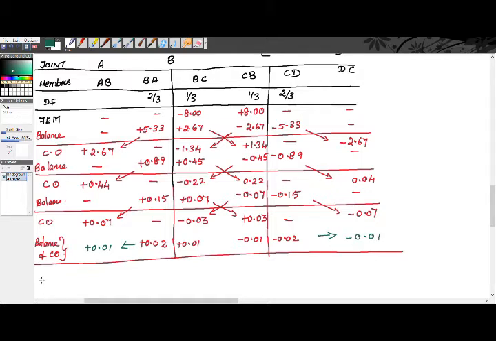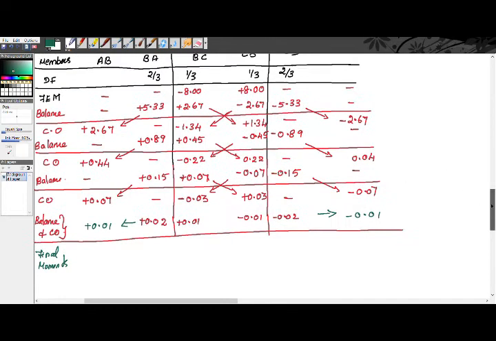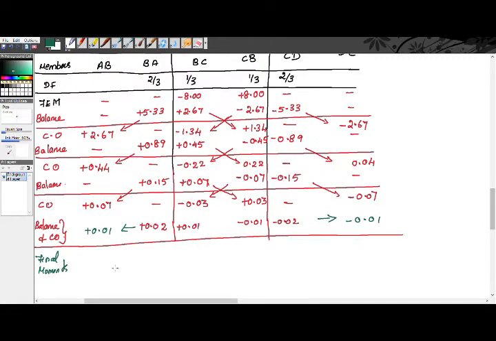Now we will find the final end moments. So final moments, you add all these values. So final end moments, MAB will be equal to plus 3.19.